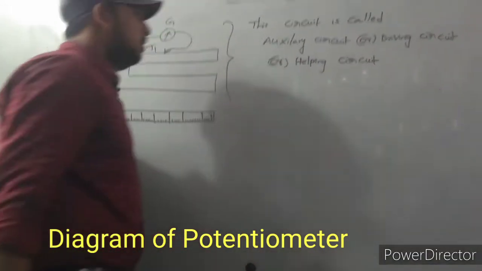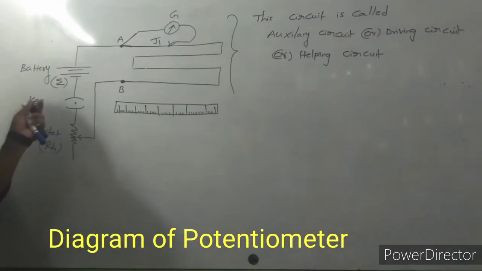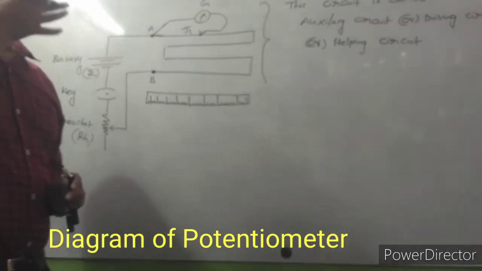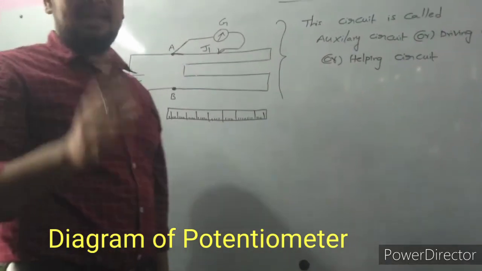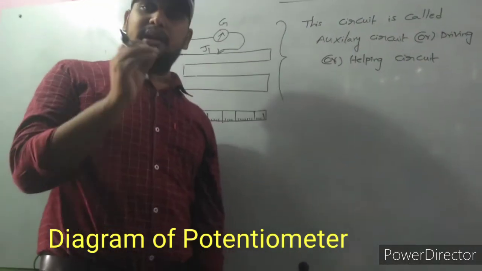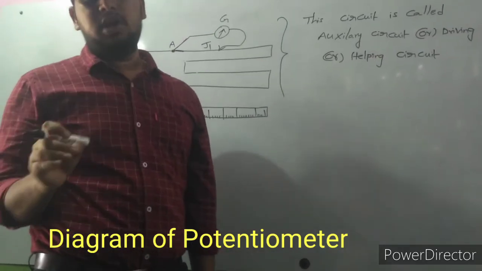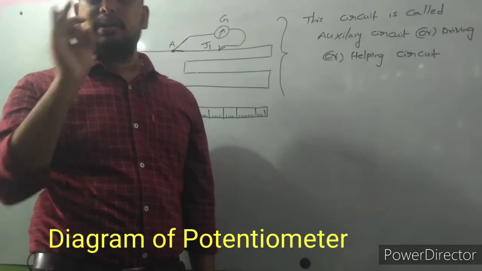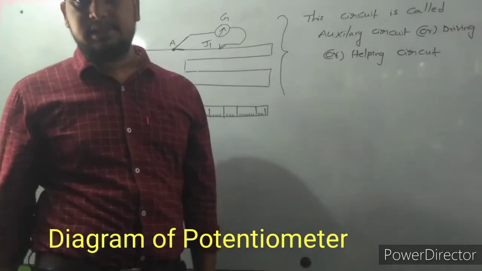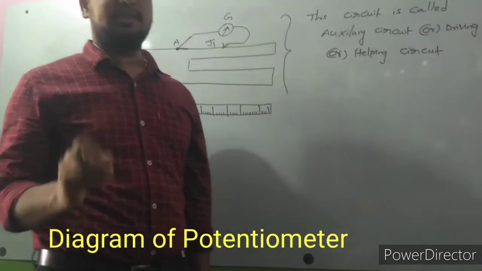Okay, so for the potentiometer there are some applications. What are the major applications of the potentiometer? One is to measure EMF and potential difference accurately. Second is comparison of two EMFs of cells.